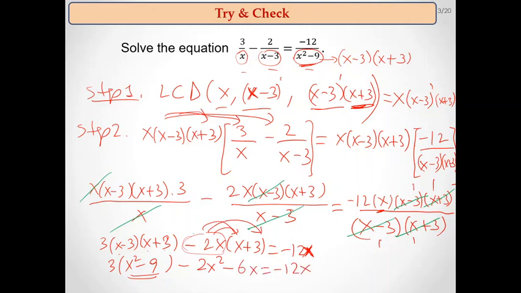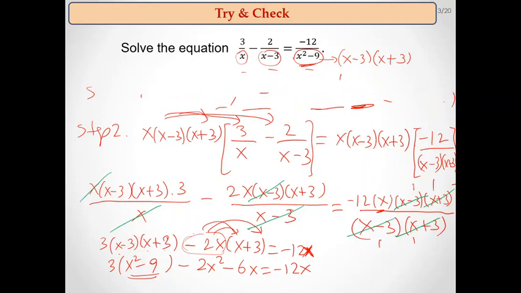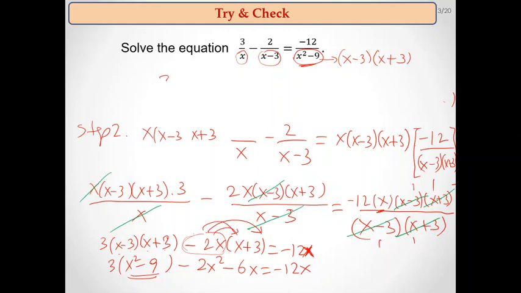And after doing that, we got 3x squared minus 27 minus 2x squared minus 6x equal to negative 12x.